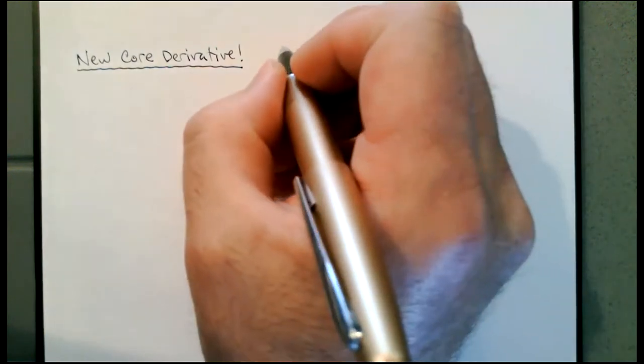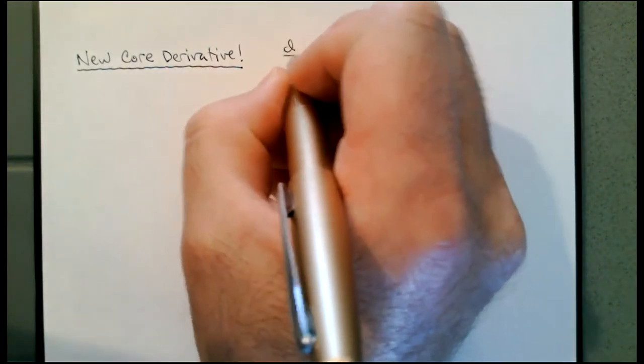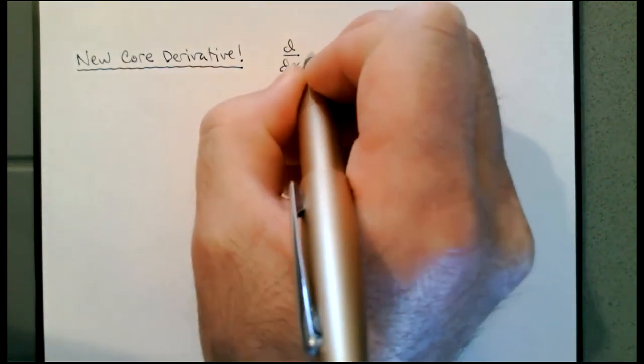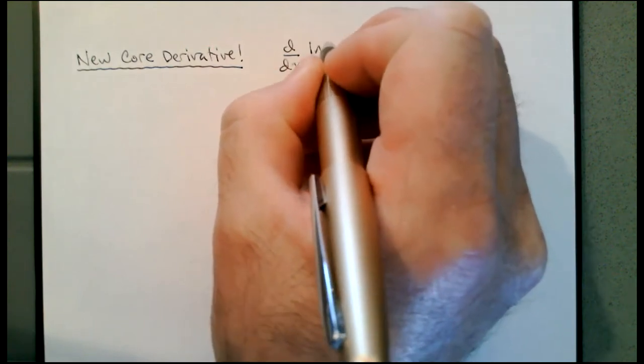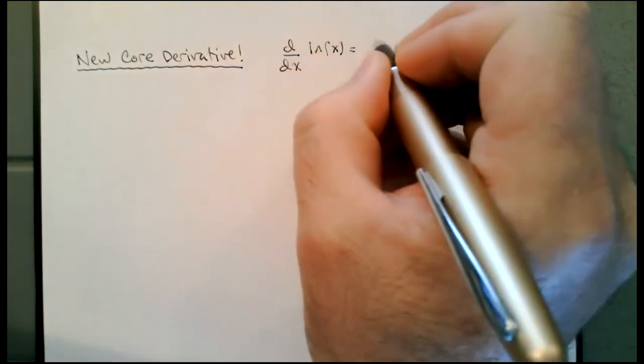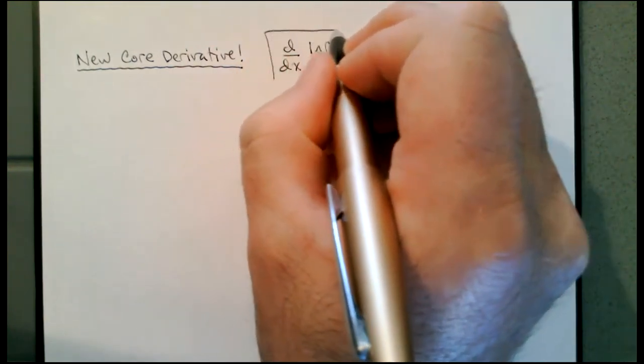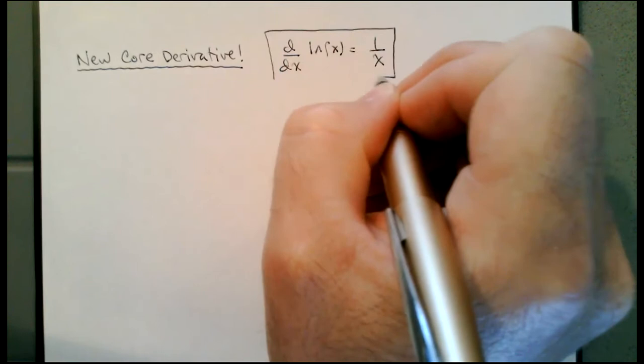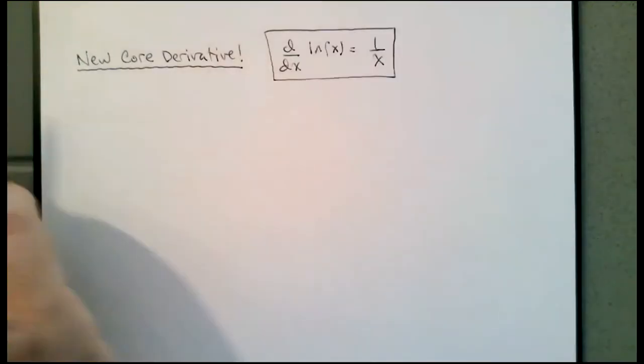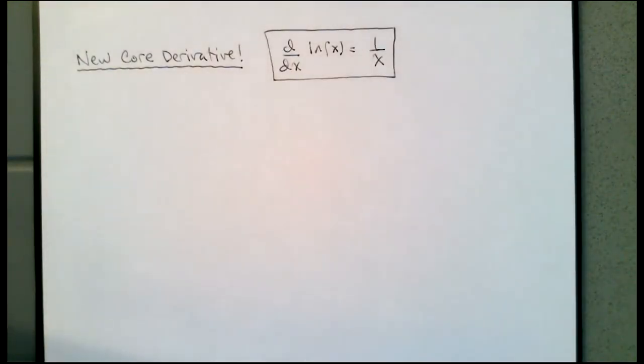Here's the important part of the day. The derivative of natural log of x is 1/x. This is your new core derivative. That's going to be the only one. This is the last new core derivative for this week.